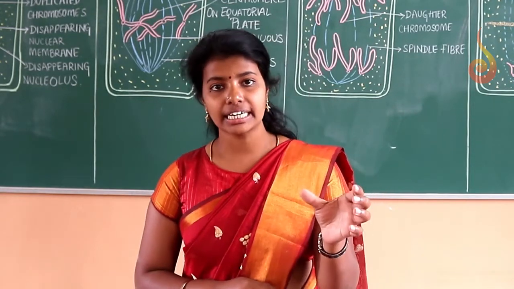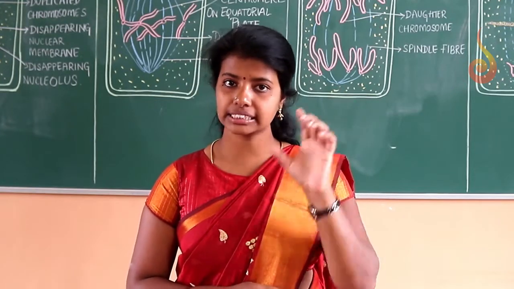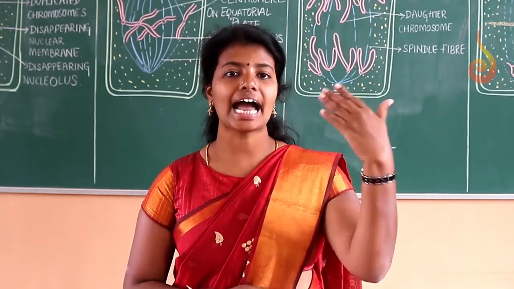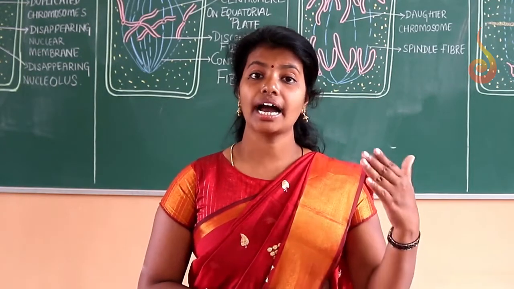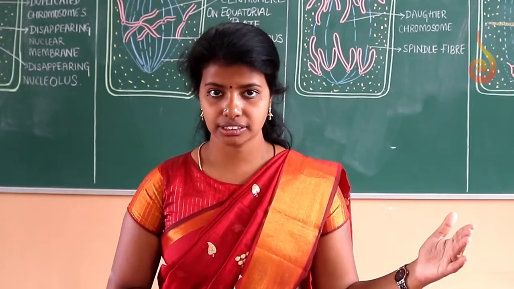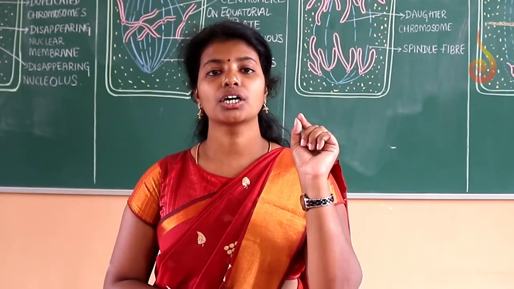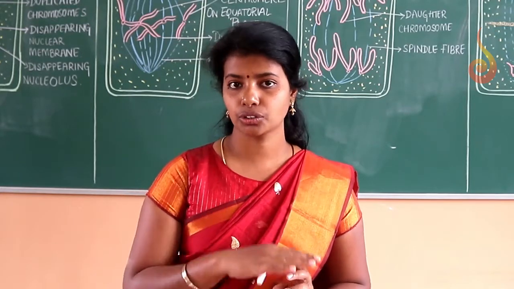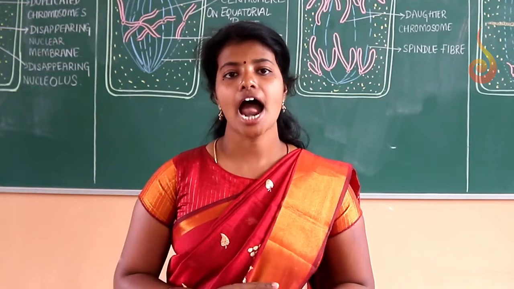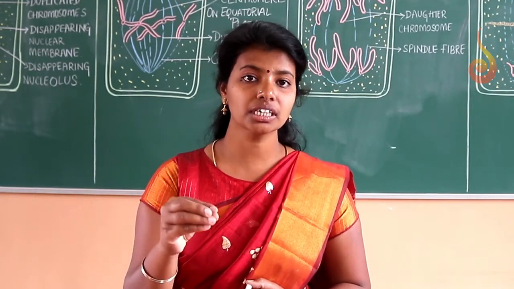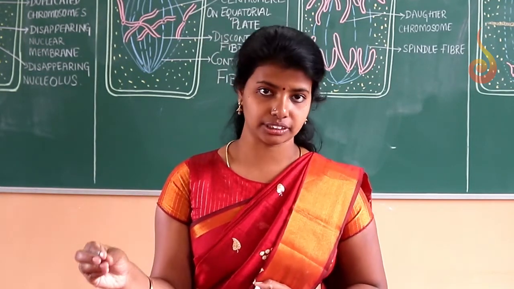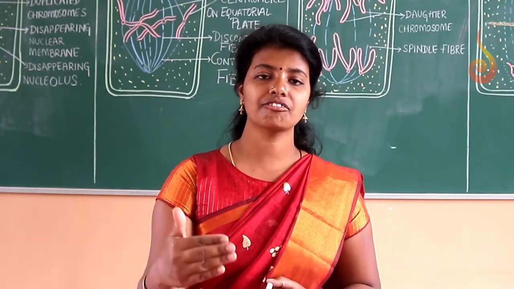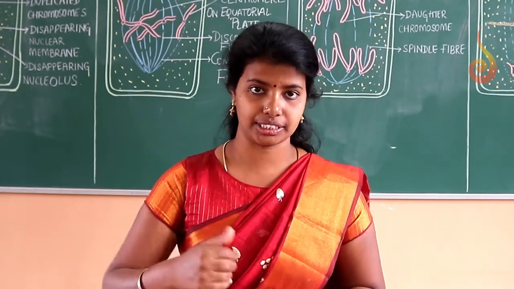So why are we selecting root tip? This is the reason. Root tip contains meristematic cells which are actively dividing, so that I could see the stages of mitosis when I am selecting the root tip of onion. So that's why we are going to use onion root tip for the experiment, and the purpose is to observe the stages of mitosis, particularly karyokinesis, prophase, metaphase, anaphase and telophase.